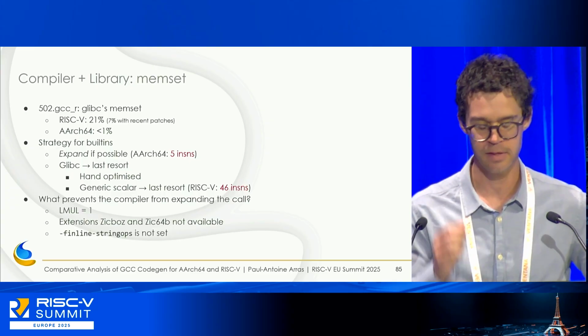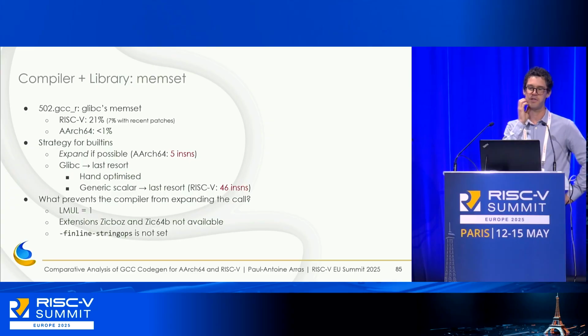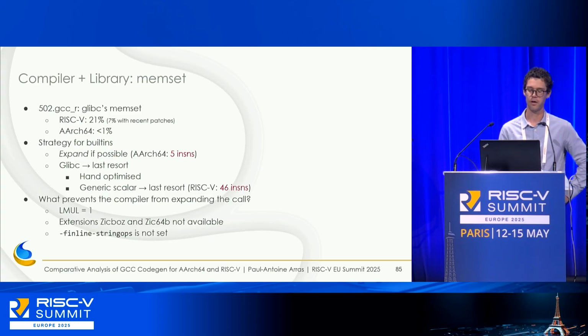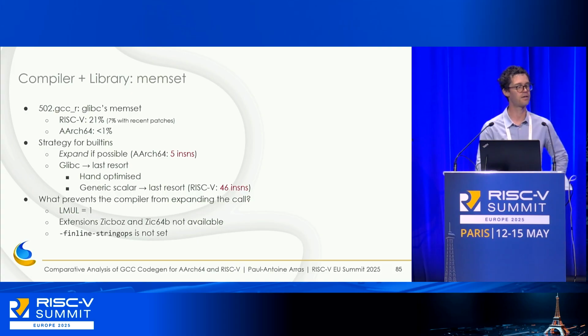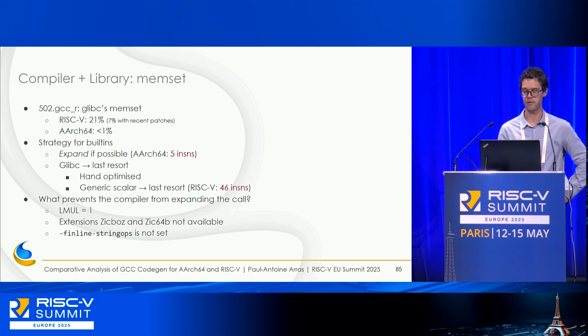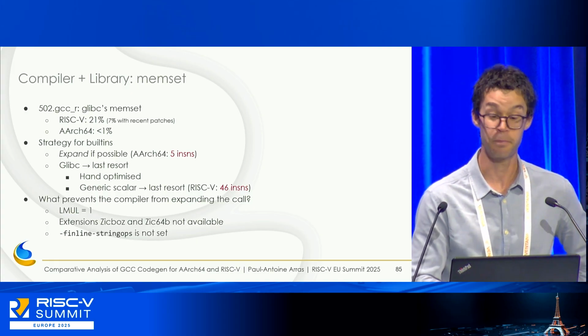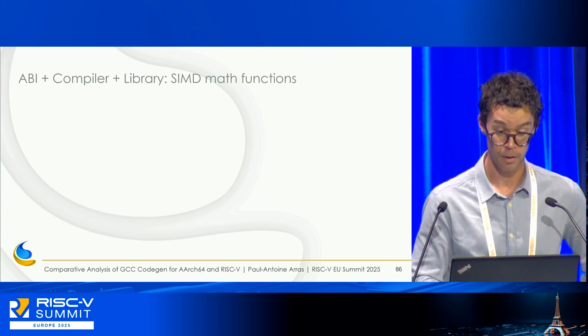One of the things is that by default, the maximum vector length multiplier for RISC-V is set to 1. But there are also extensions to the RISC-V ISA that could help, but that are not necessarily available. And also depending whether the f-inline-string-ops option has been passed to GCC.